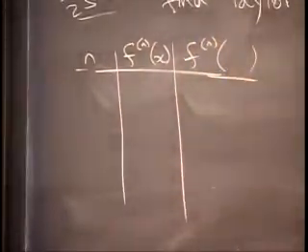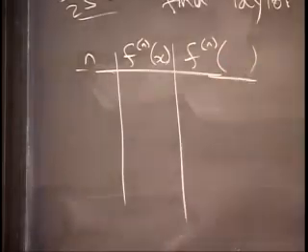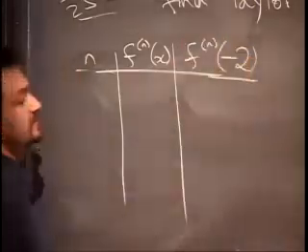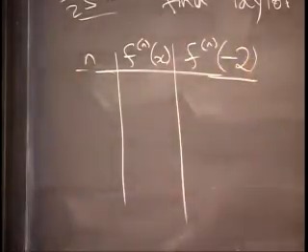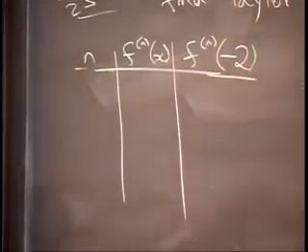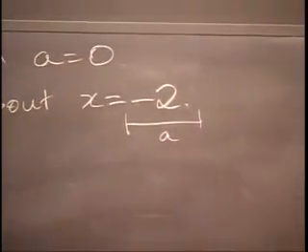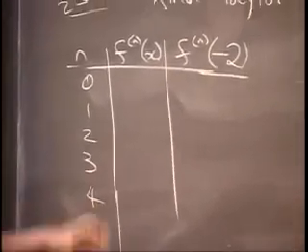Now what is our special value? Minus 2. This is a. So instead of writing in a, I will immediately specialize to minus 2. All right, and then it's not quite clear how far down you have to go. I always think you should leave more space just in case you have to add more rows to this table.